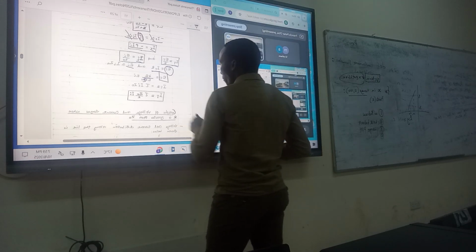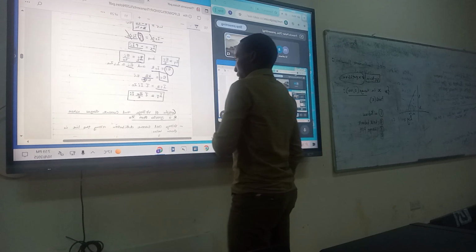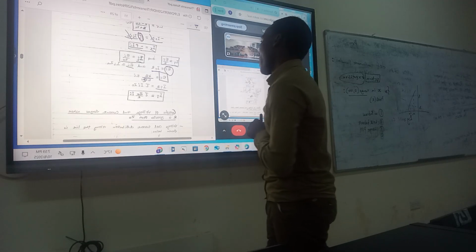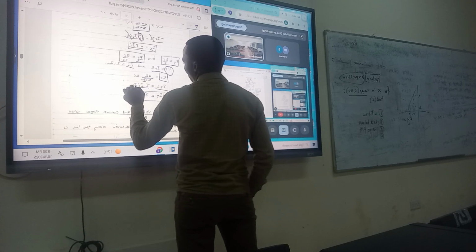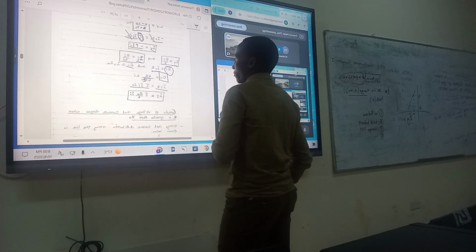This is a Z naught, not 2. And therefore, you can go to the other side and make ET over EI equal to this one, the tau.